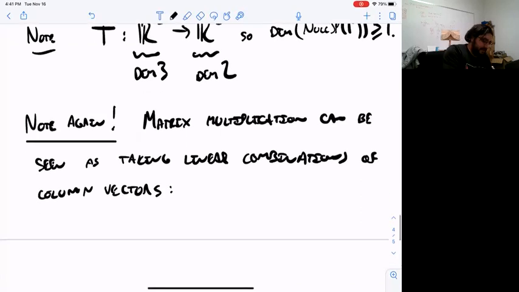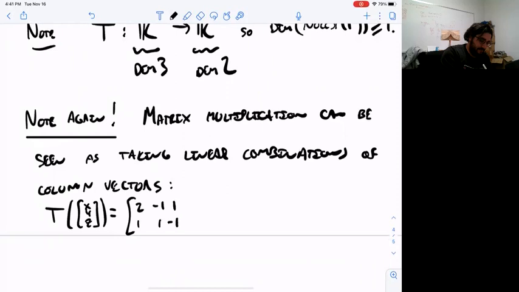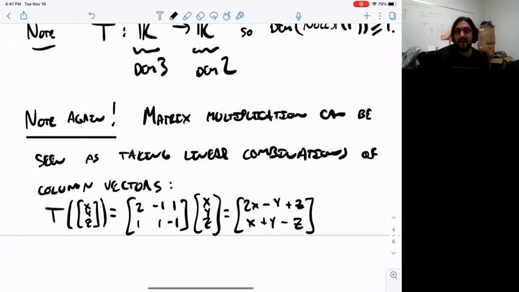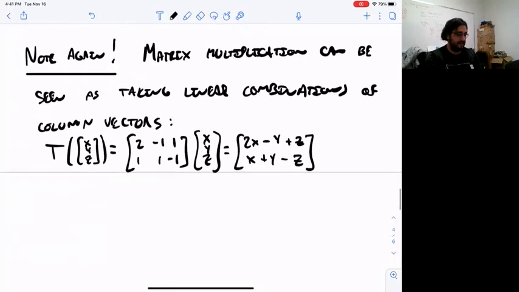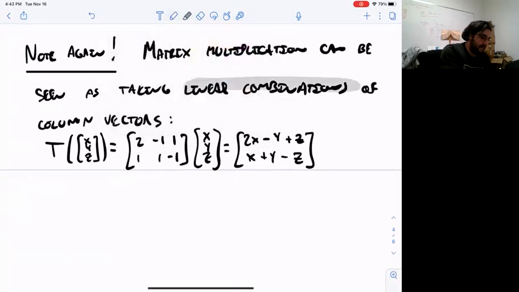Well, this is something I think that's easiest to see just in an example. In this case, when we do T of X, Y, Z, and we represent it as this matrix multiplication by this X, Y, Z, we say this is a representation of this map. If you want, you could write that as a linear combination of column vectors, right?